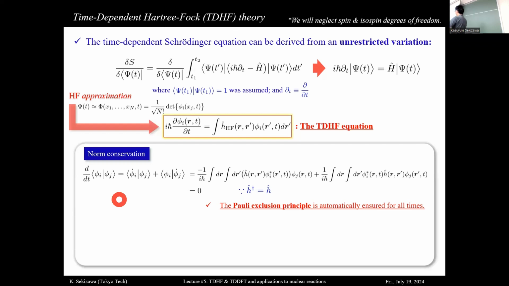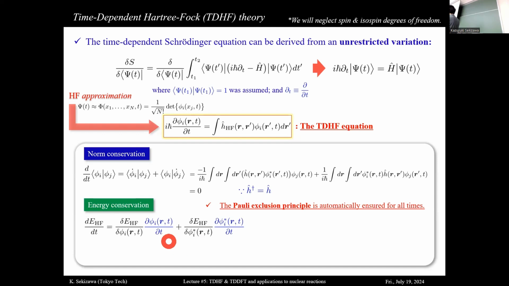So the Pauli exclusion principle is automatically ensured for all times because of this property. Even in the case where we have two nuclei making a collision, which is very complicated, automatically, based on this equation, the Pauli principle is preserved. So it is a good property. And of course, we can show that the total energy is also conserved.